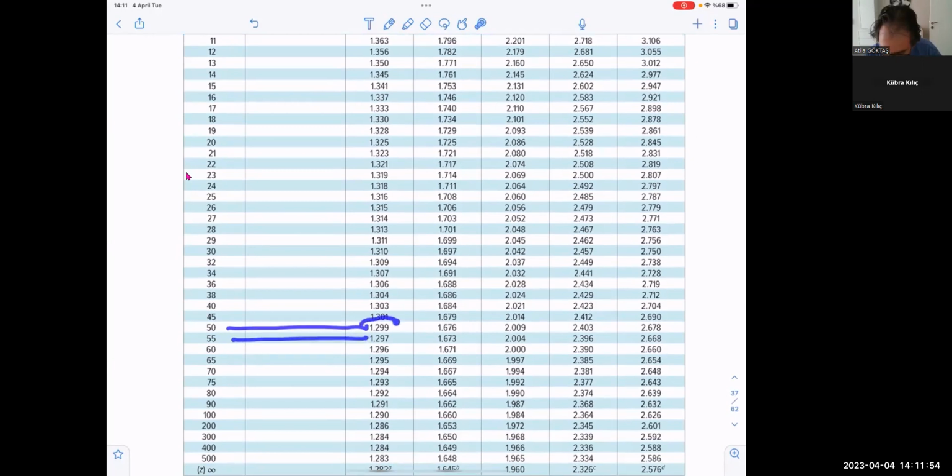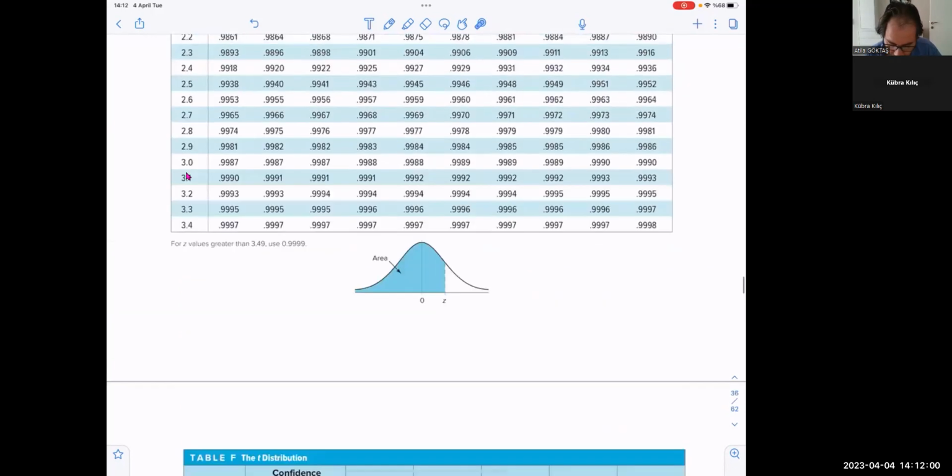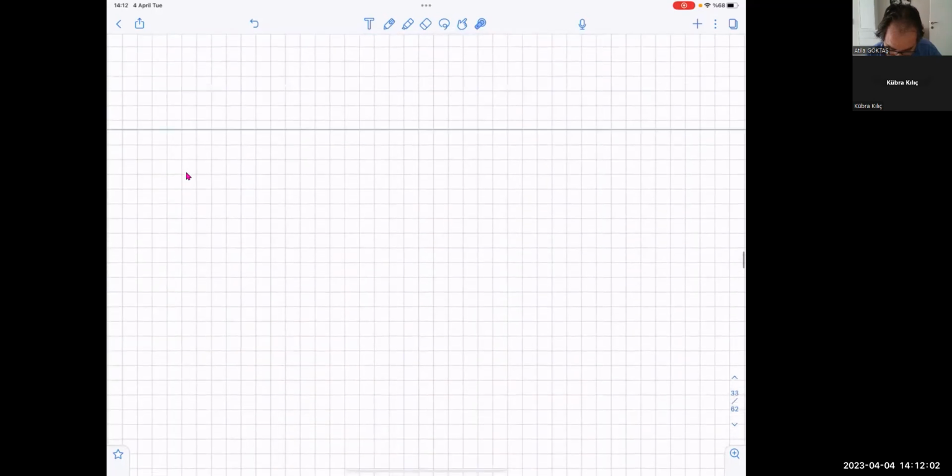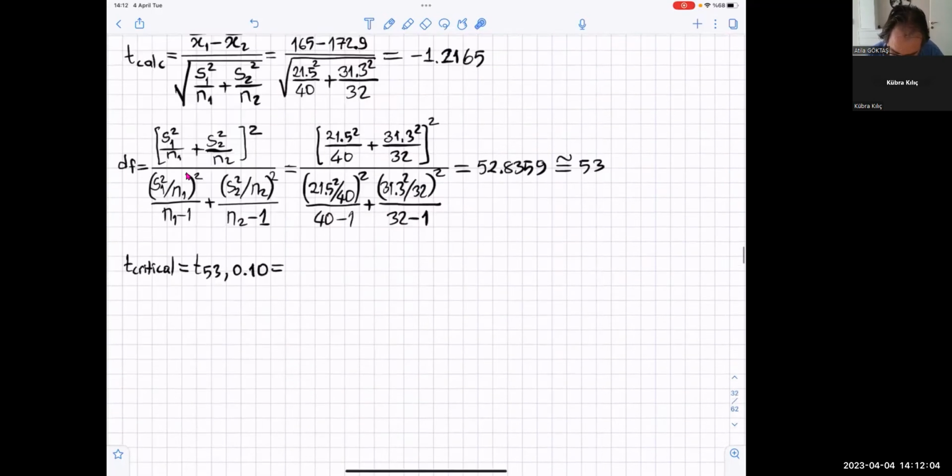So you can take the average of those two to approximate the value for 53. Since it doesn't exist in the table, I will consider this.